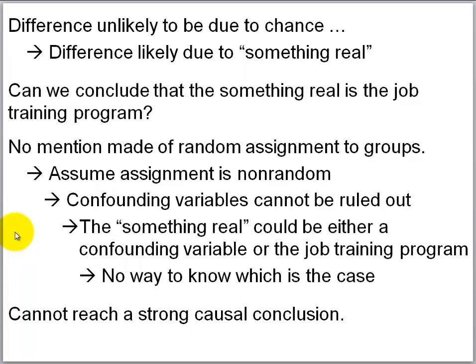The something real causing the difference could be either a confounding variable or the job training program. Basically, because we don't have random assignment and therefore there's the possibility of confounding variables, we just simply don't know which is the better explanation. And so, in essence, we cannot reach a strong causal conclusion.